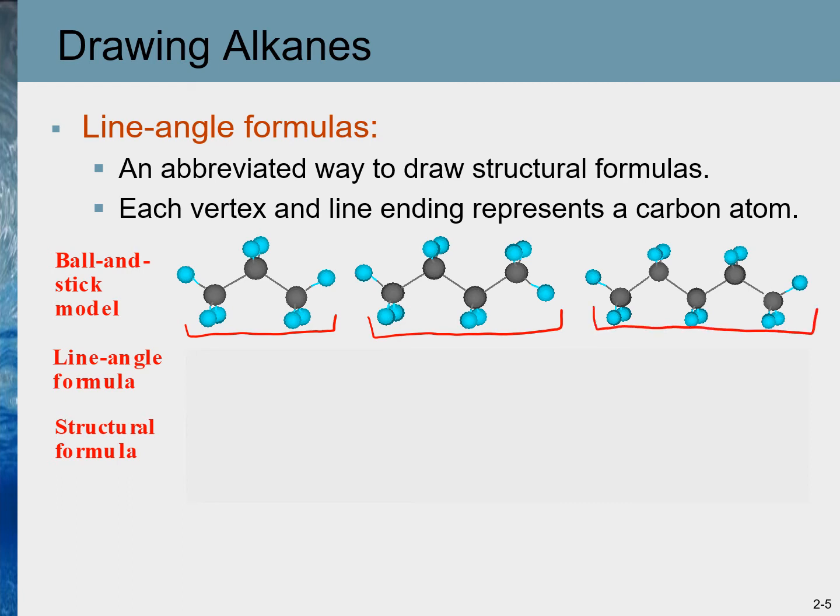This kind of structure is known as ball and stick model. In ball and stick model, each atom is represented by a different color sphere or a ball. For example, black sphere represents carbon, and in this picture the blue sphere represents hydrogen, and each bond is represented by a stick. So therefore this model is known as ball and stick model.